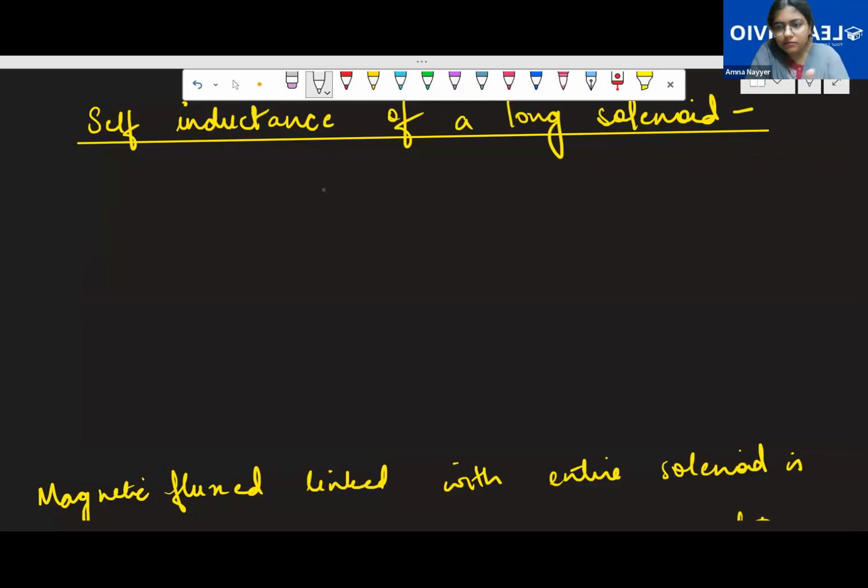So Marwa, can you tell what's the formula that we've discussed for flux? Li. Yes, flux is equal to Li.